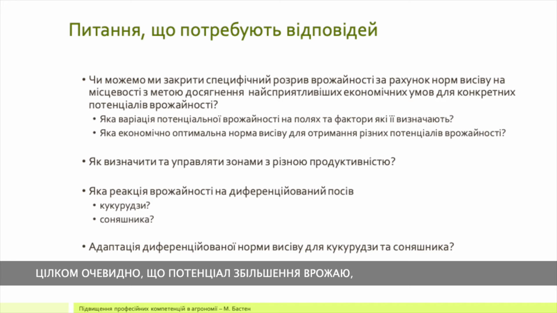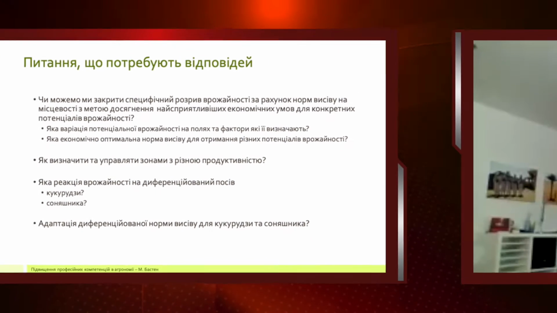It is quite obvious that the potential of the yield increase we can get with variable rate management depends very much on the variability of soil properties in the field.